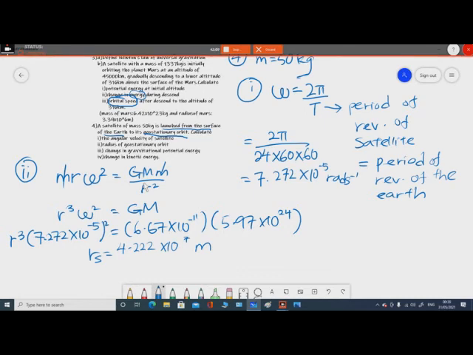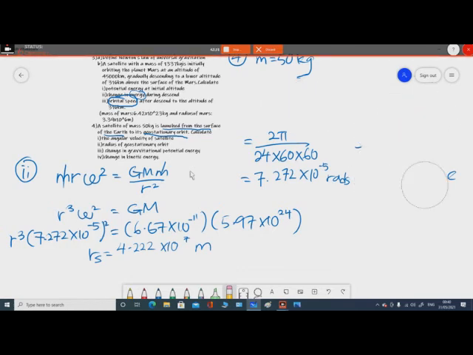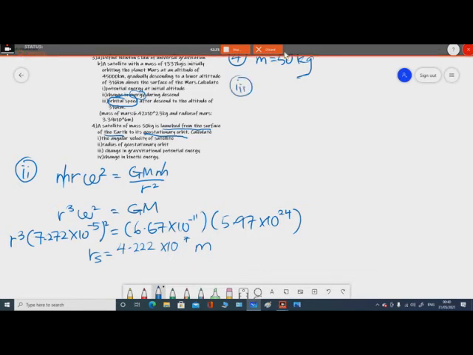Okay, so for the third question, let me erase the first question here. The third question is the change in gravitational potential energy.